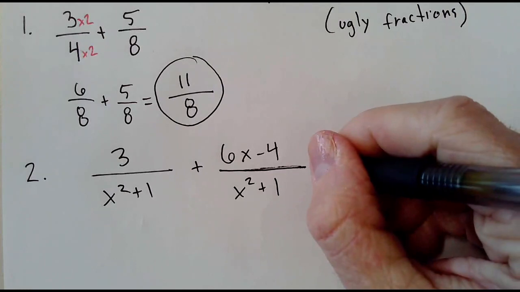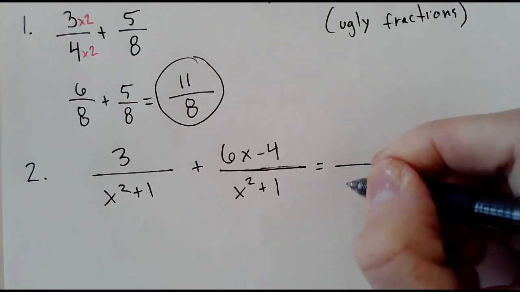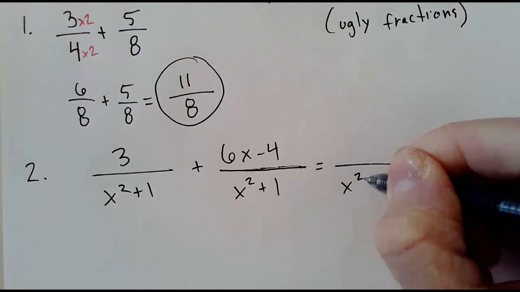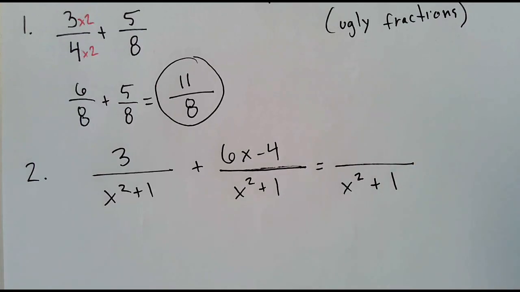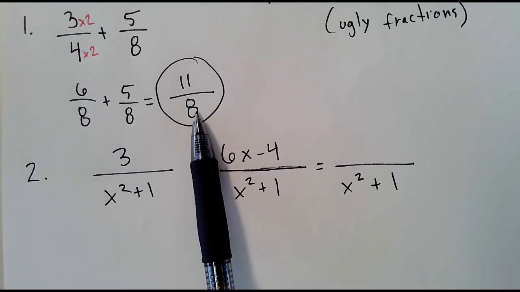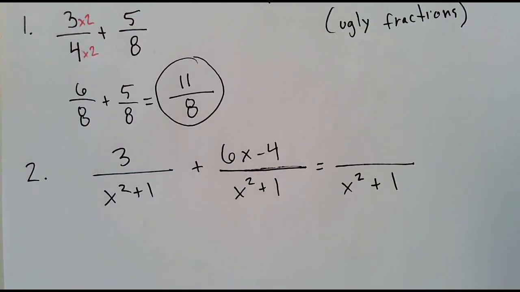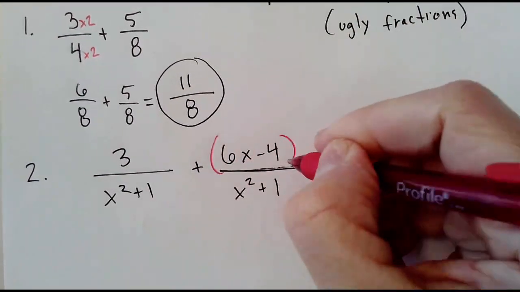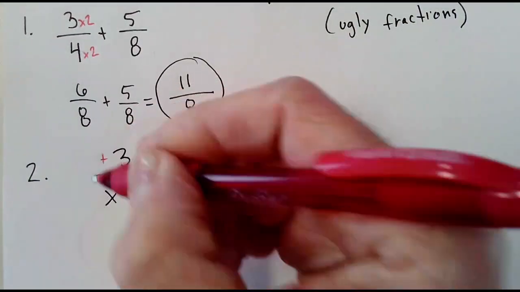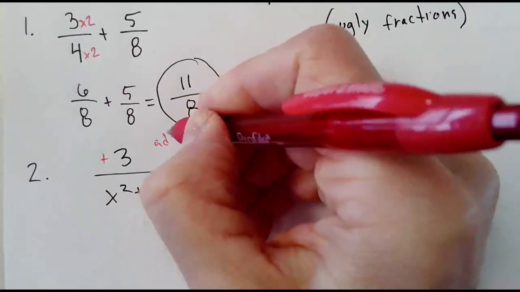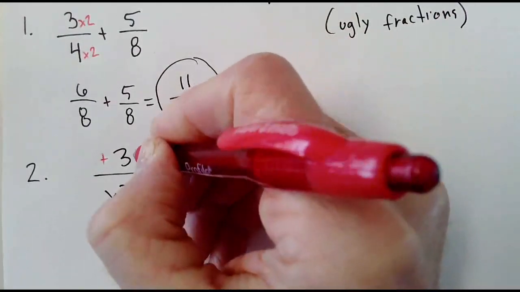So let's keep that denominator the same. And look, it's the same concept as the last question. We kept the denominator at 8. So we just kept that and then added the numerators. So what we're going to do is just add those. We're going to take this, and we're going to take this, which is a plus 3, and we're going to add these two.